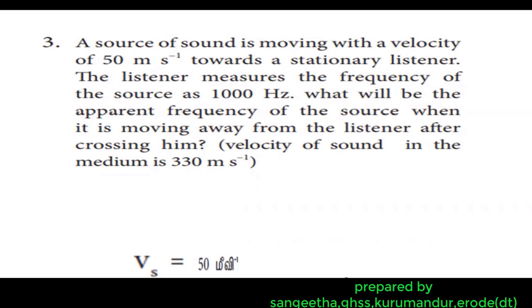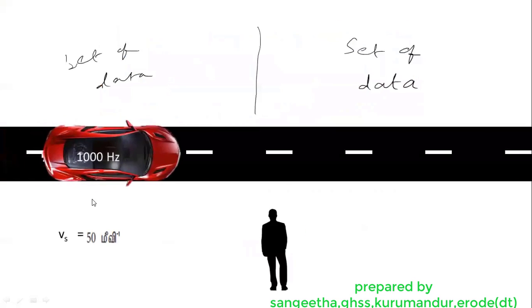With this n, substitute in the second part, where the source is moving away from the listener. Before that, we have to find out the value of n when the observer is stationary and the source is moving towards the observer. Now it is very much clear. Let us come to the problem.